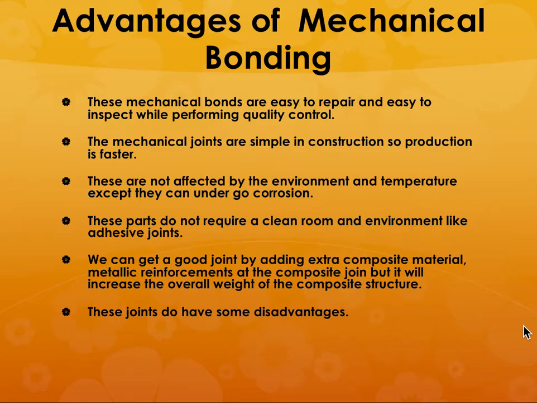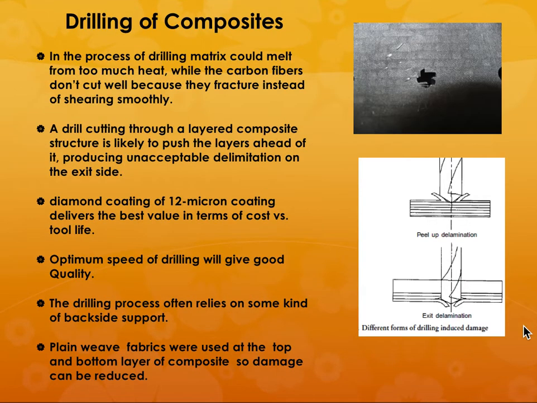So mechanical joints do have some disadvantages. If you want mechanical joints, you have to drill the composite. So what is the problem with the composite material? Composite materials are extremely harsh, very abrasive because of the carbon fiber, or even glass.